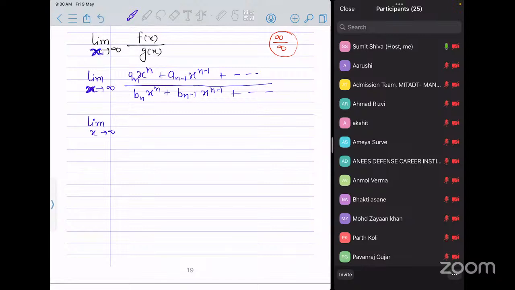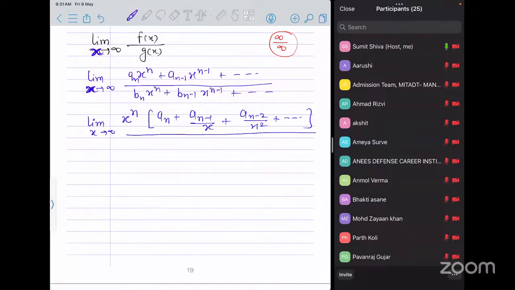We state that take the maximum power common from numerator and denominator. So from the numerator, the maximum power is x raised to n, and you are left with an plus an minus 1 upon x plus an minus 2 upon x square plus and so on, because the maximum possible power is outside. Similarly, in the denominator, this will be bn plus bn minus 1 over x, and the story goes on.